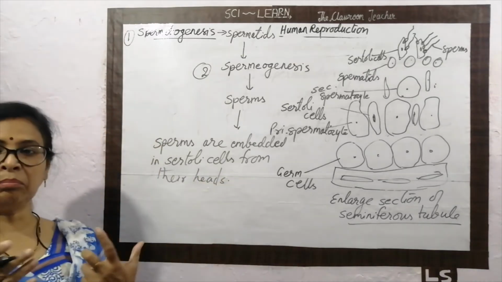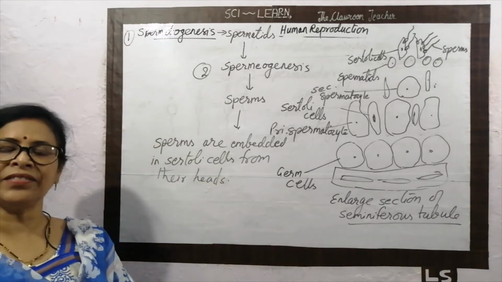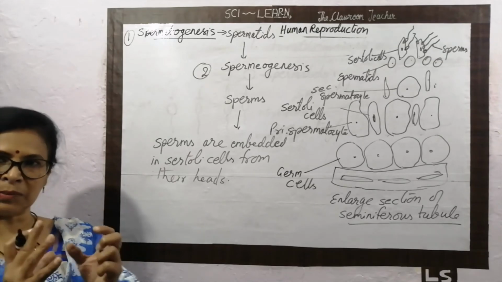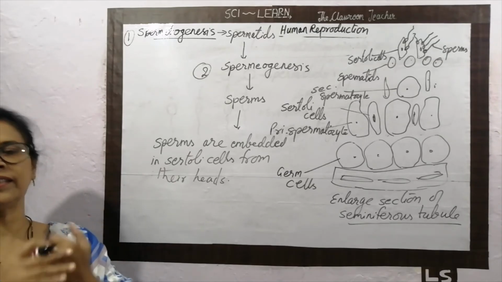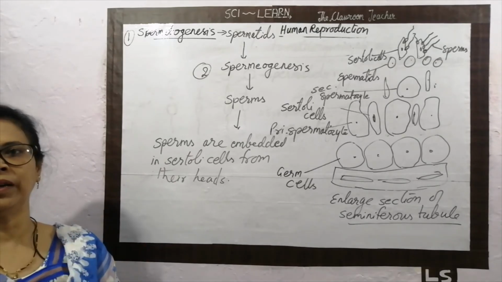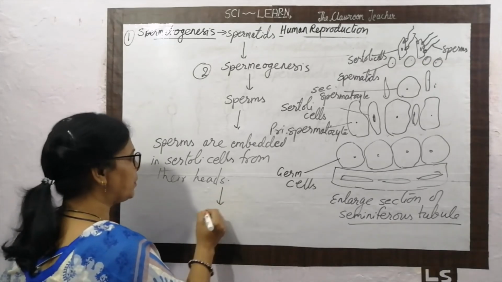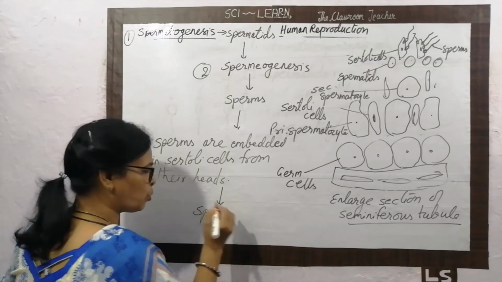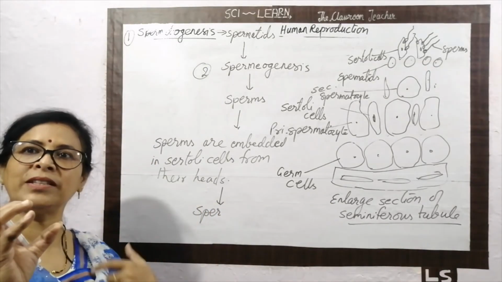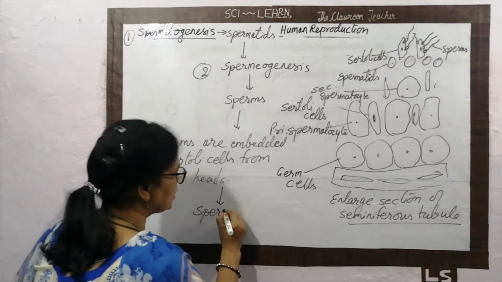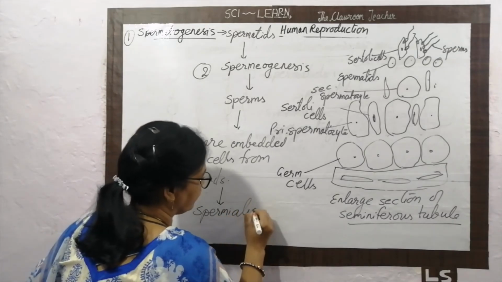When this sperm gets mature, the Sertoli cell starts releasing the sperm. This process of releasing of sperm from the Sertoli cell is called spermiation.